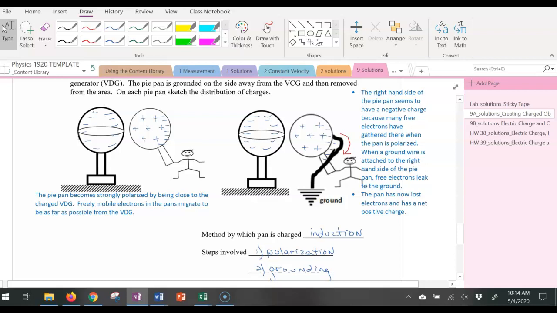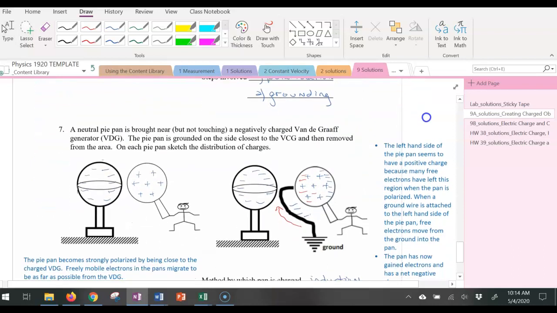So this two-step approach to causing a charge on an object is called induction. The first step that has to occur is polarization. And then while the object is polarized, you have to ground it. So that's the second step. Now in this case, Mike ended up with a pie pan that had a net positive charge.